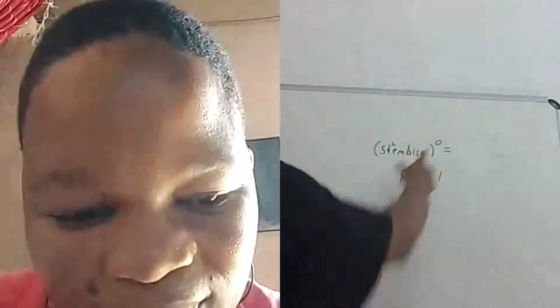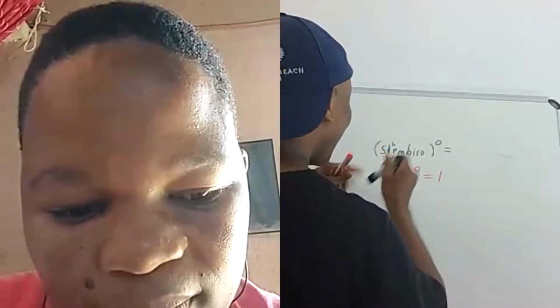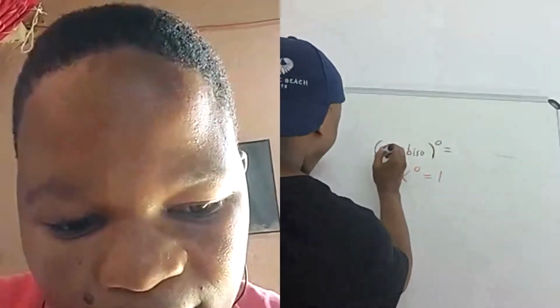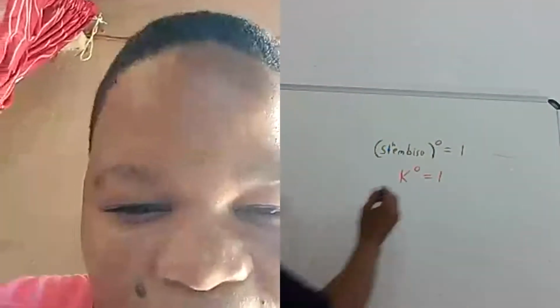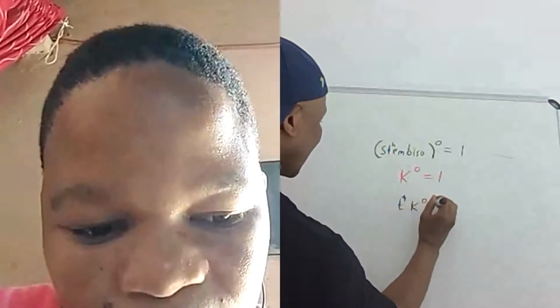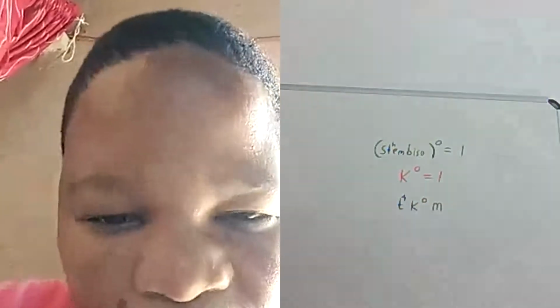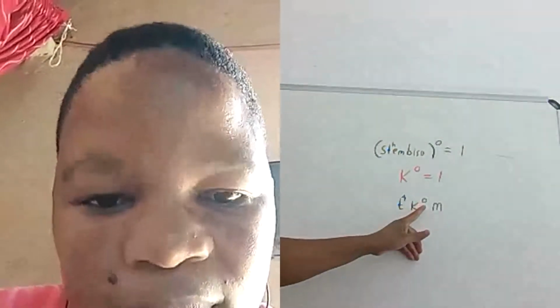But how come this equals 1? You know why it equals 1? Because of this 0 power, you see there's a bracket here. This is for all. But if I have, let's say, t power 4, and then k power 0, the only thing with power 0 is the k, which equals 1. It's only k power 0 here.